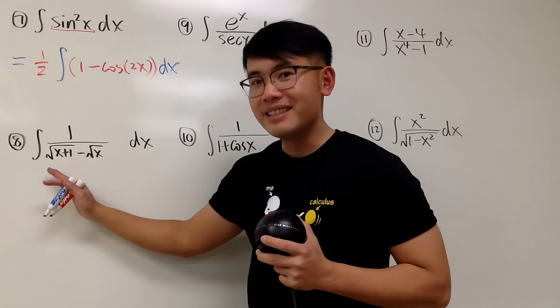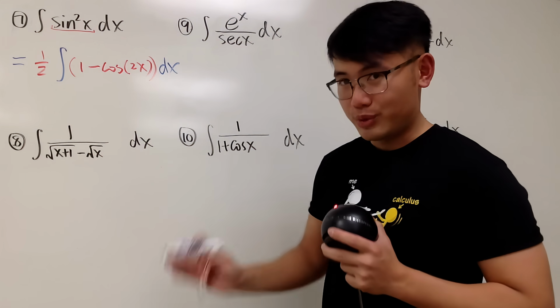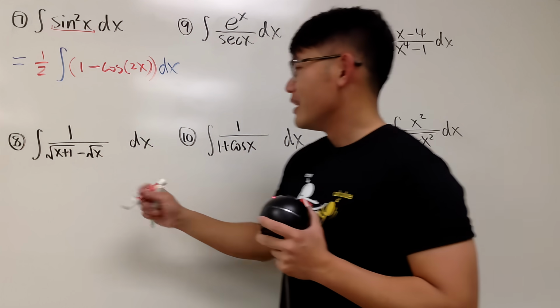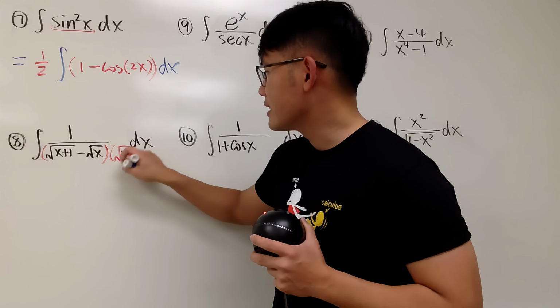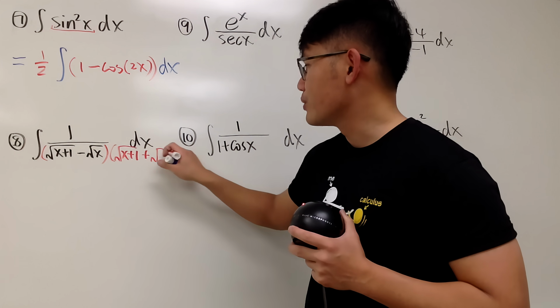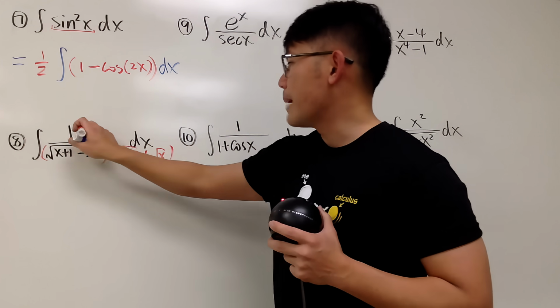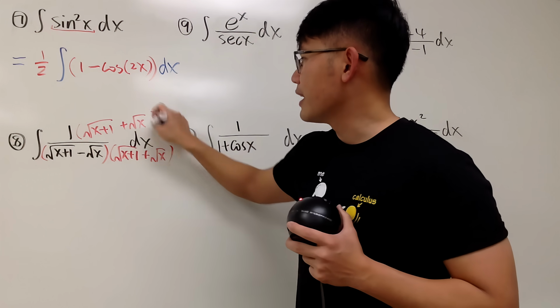We can multiply the bottom and the top by the conjugate, so we can say bye-bye to the square root in the denominator. So let's do that. Let's multiply the bottom by square root of x plus 1, change the minus to a plus, and then you have the square root of x. And of course, do the same on the top, square root of x plus 1 plus square root of x.